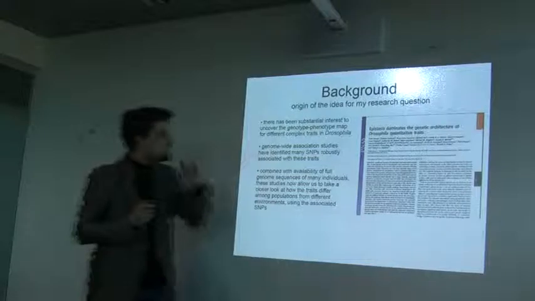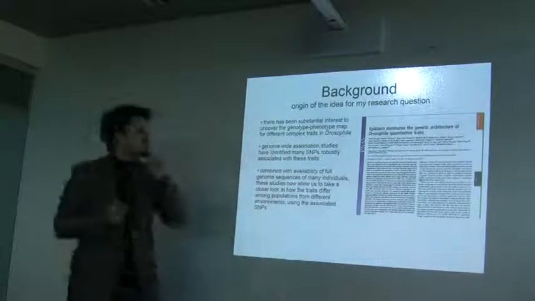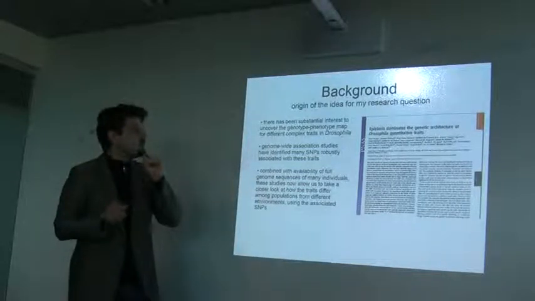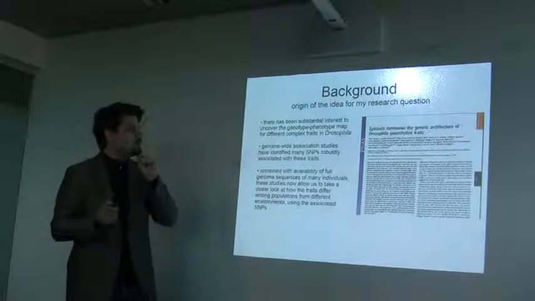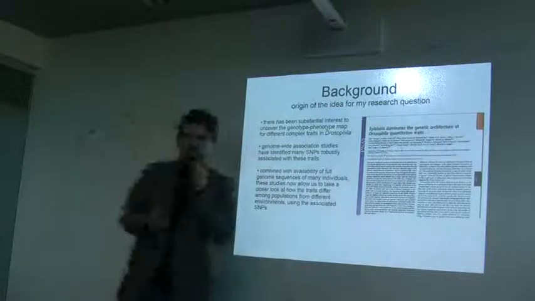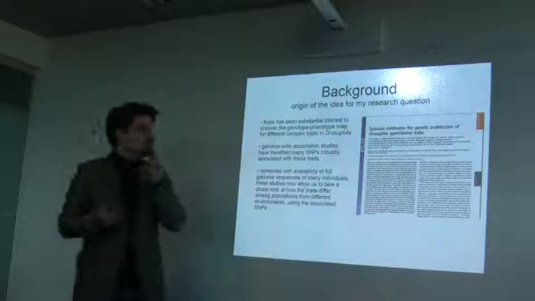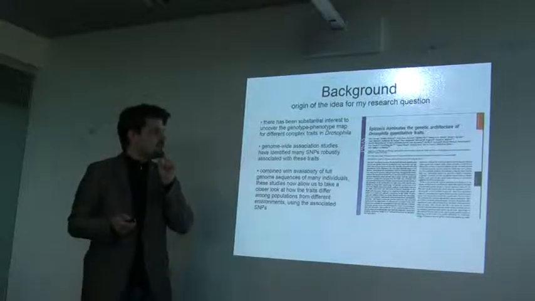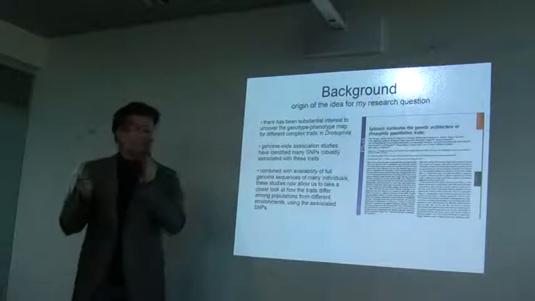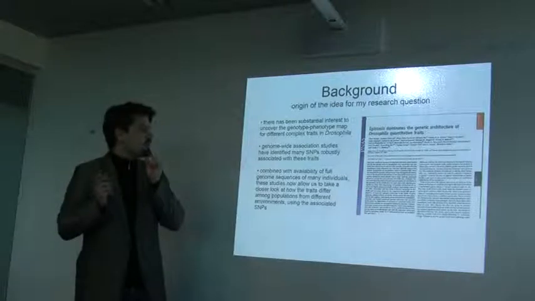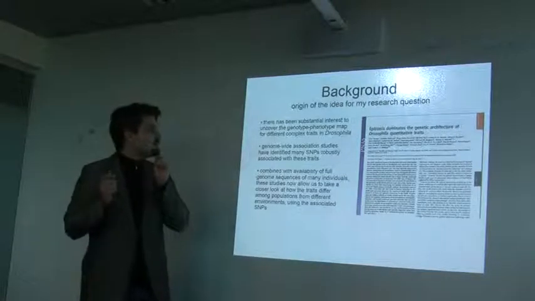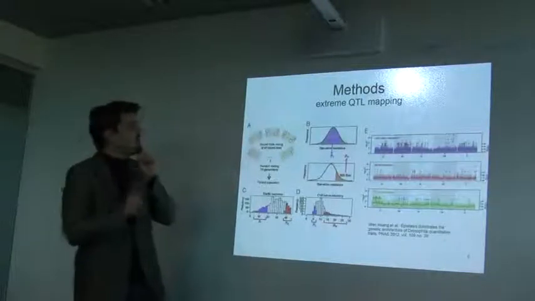So this paper here was published last year, and its focus was on the genetic architecture of 3 complex traits in Drosophila: starvation resistance, startle response, and Chill-Coma Recovery Time. And they actually did something called extreme QTL mapping.